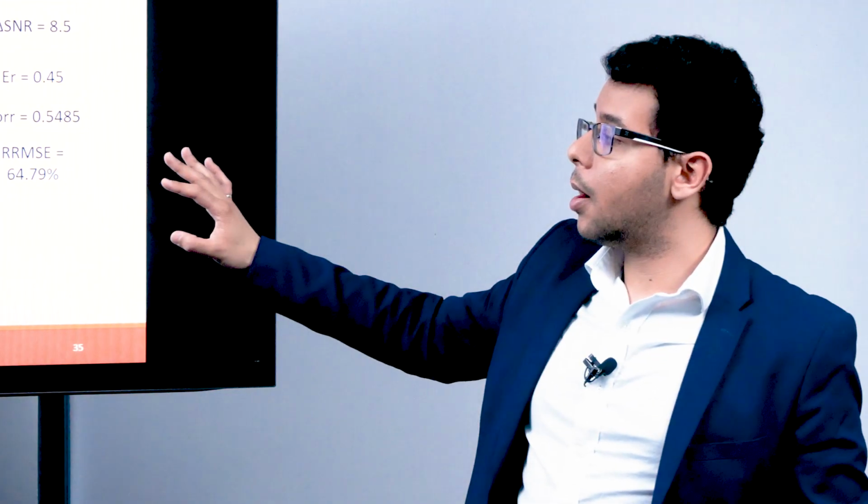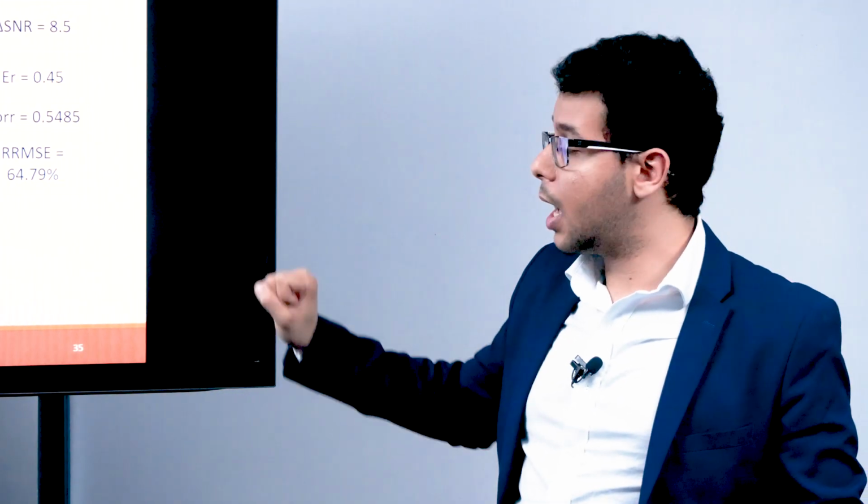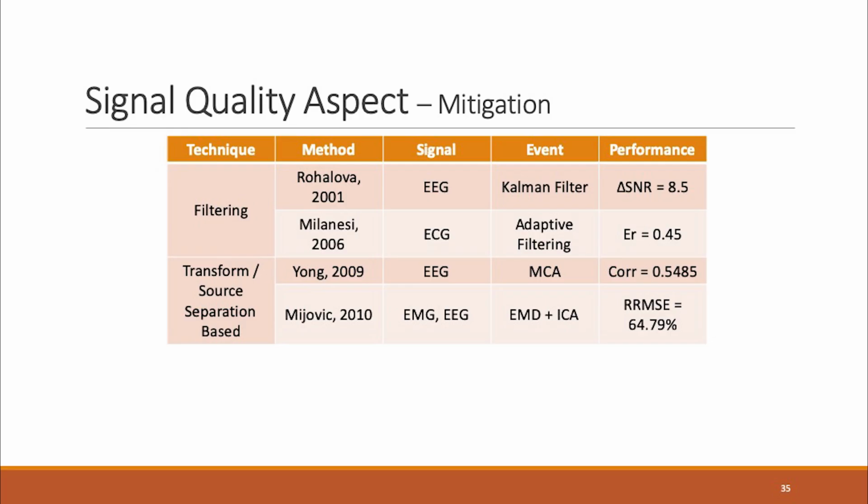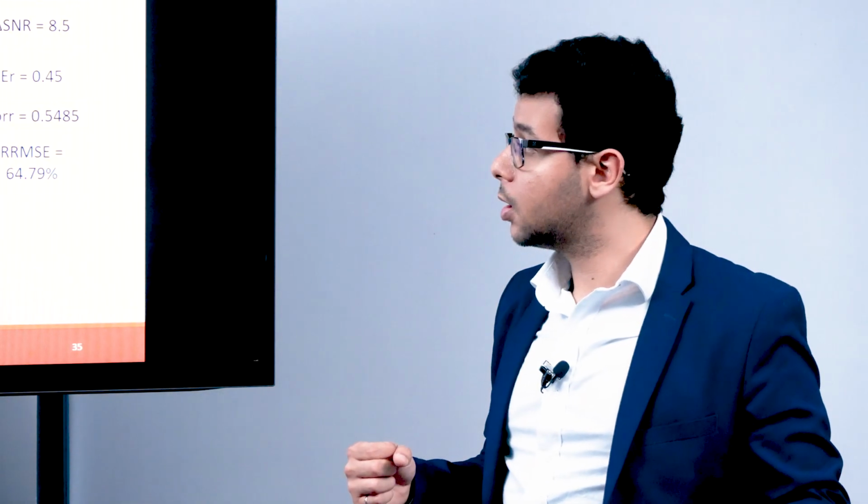In the more source separation based techniques, you have Young and Mjovic, and you can see they've done it actually more on EEG and EMG. You would find that more in the literature, where source separation is typically applied to the complicated techniques that don't have any discernible fiducial points, because we're not able to find out which parts of the signal we want to remove or which parts we want to maintain.